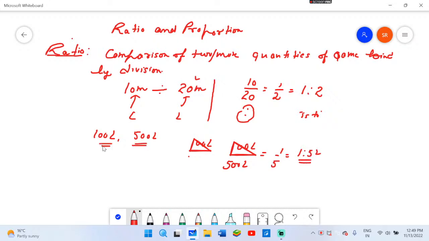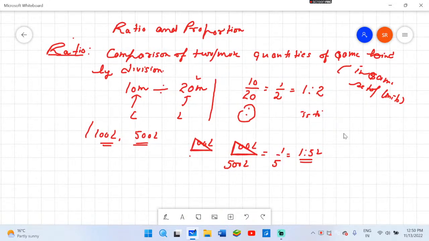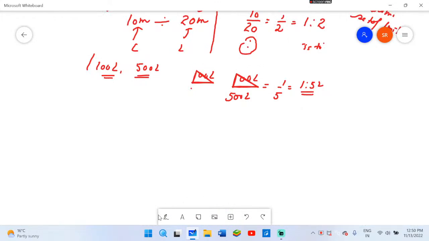So remember, ratio means we compare quantities of same kind, length, volume, and in same set of units also. Please keep in mind, in same set of units. So this is the meaning of the term ratio.